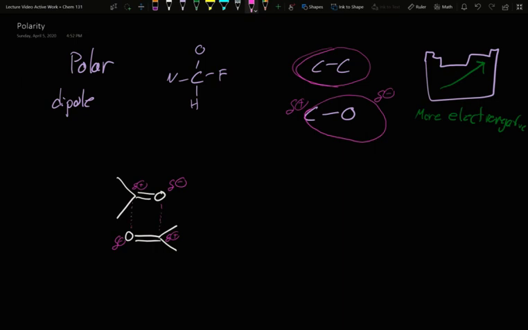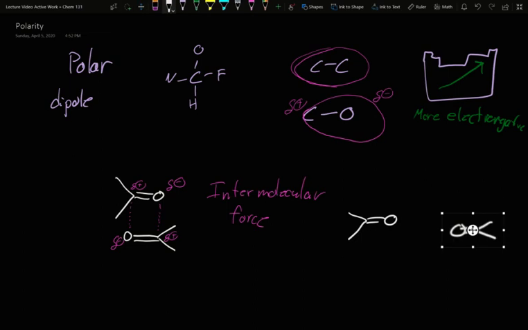This is an intermolecular force. This lets the two molecules be attracted to one another. They actually pull towards each other. So if you were to just have an acetone and another acetone, and they drift around randomly.